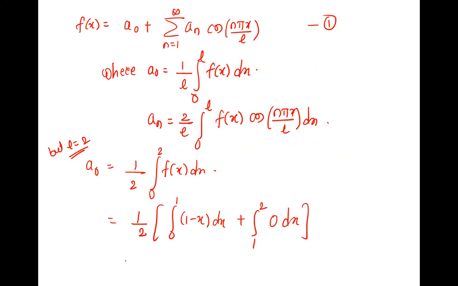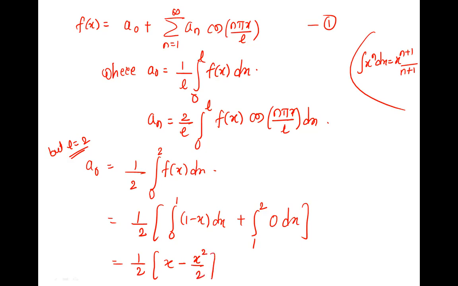On 0 to 1 it is (1 minus x) dx, and on 1 to 2 it is 0. So this whole is 0, it is 1 by 2. Integration of 1 dx is x, minus integration of x dx, x square upon 2. It is x raised to n, so it is x raised to n plus 1 upon n plus 1. So integration of x dx is x square by 2 from 0 to 1.